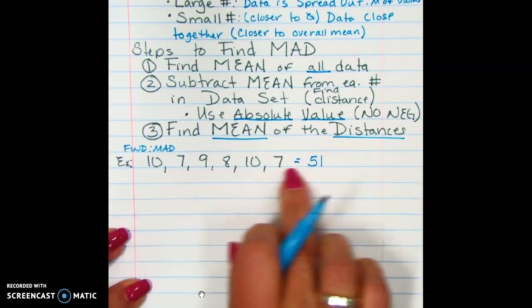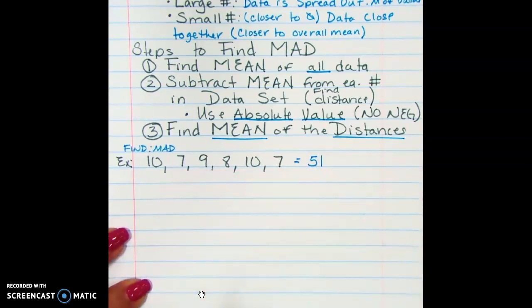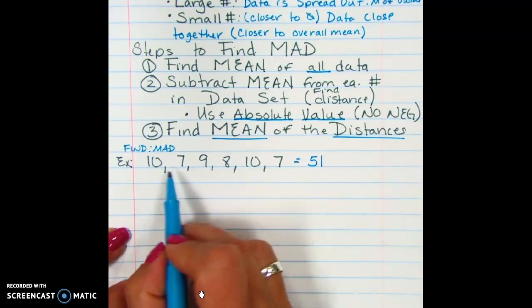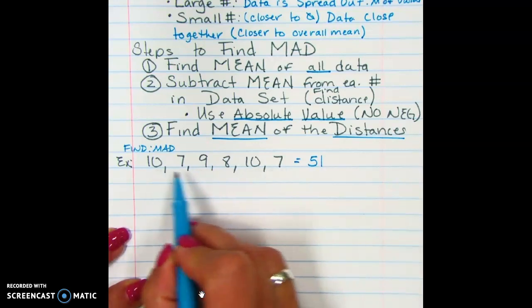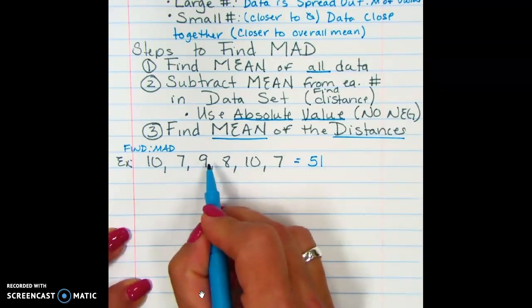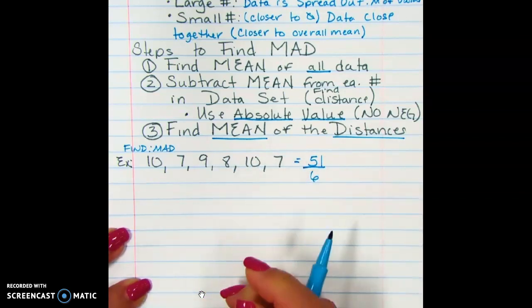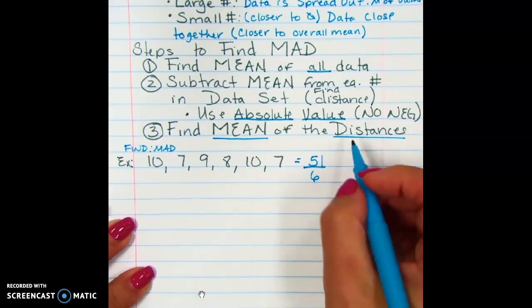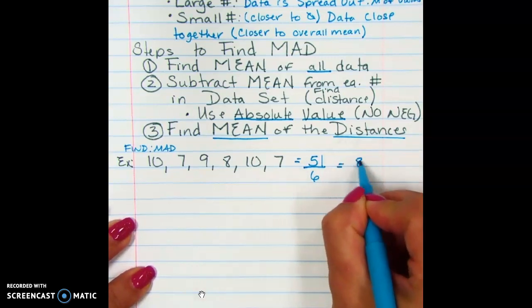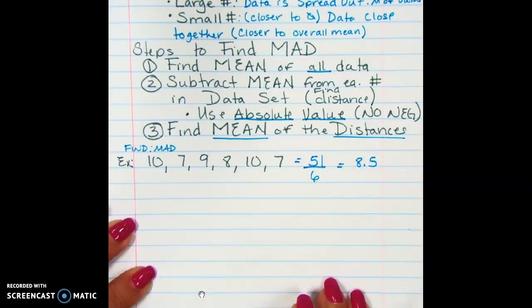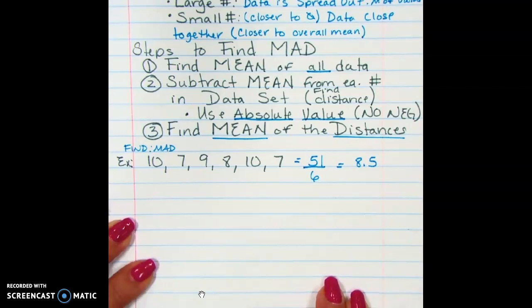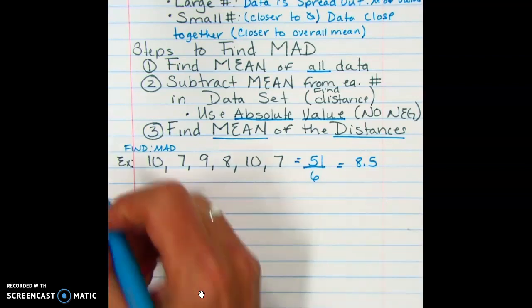So that's the total, but that's not the mean. Remember, the mean is when we divide by the total number of data added together, and there's 1, 2, 3, 4, 5, 6. So 51 divided by 6. So my mean is 8 5/10. I could have just divided, or I could have used my handy dandy calculator. So that was step one.